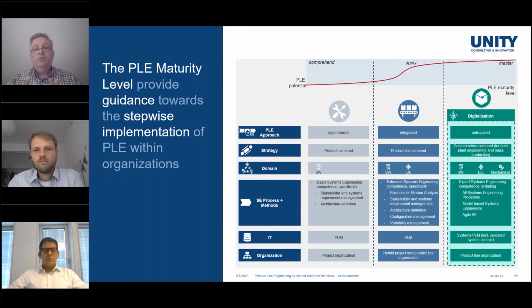So, why do we choose these 3 steps? If you look at the domain level, it's more product centered, which is still where, from a historical point of view, a lot of industries and companies are coming from. And you see in the domain level the focus on software engineering, because if we go now to the history of product line engineering, this was established in the 1970s around reuse of software, a more structured way of reuse instead of opportunistic reuse of software coding and software development.